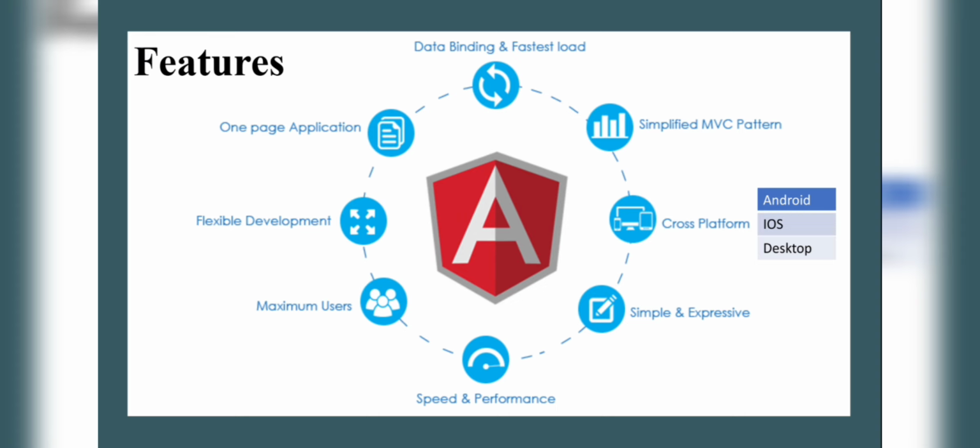It is used across platforms, like we can use Angular applications on Android, iOS, or desktops also. It is simple and expressive, and it has speed and performance. As we know, if it is fast, then performance is good, right? So the performance is also good. And it has maximum users; as it is developed by Google, we can see how many users there are. So maximum numbers of users are using Angular. And it offers flexible development, so we can develop our application flexibly.